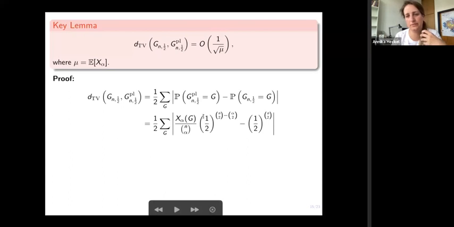And then all the remaining edges, of which there are n choose 2 minus alpha choose 2, have to come out exactly correctly as they are in G. And that's the probability that the planted model comes out as exactly G.